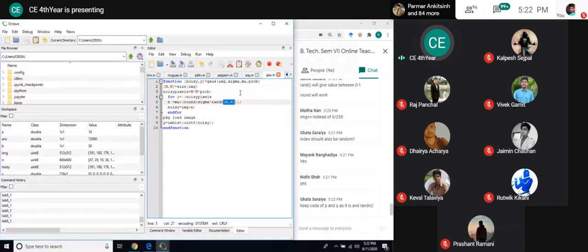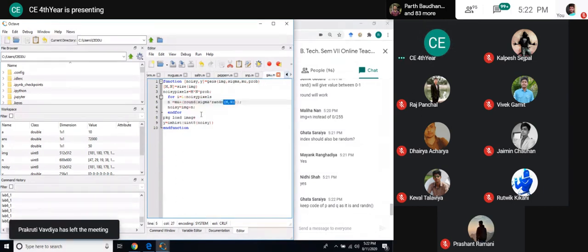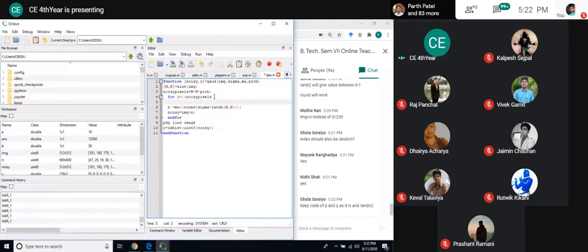Okay, so I am keeping the code. I should keep this, right? I'm keeping it in my noisy pixel. First, I have generated random locations. Random locations are generated, and I should add on those random locations only.